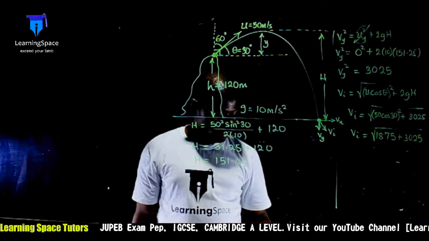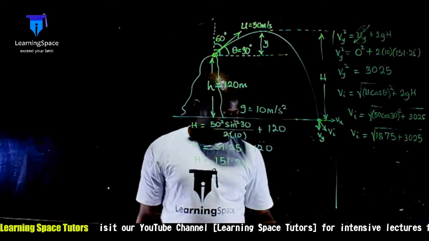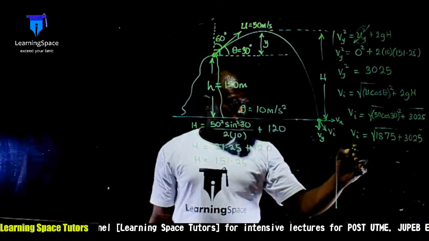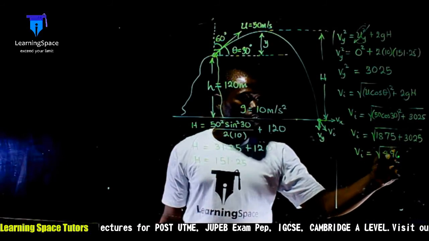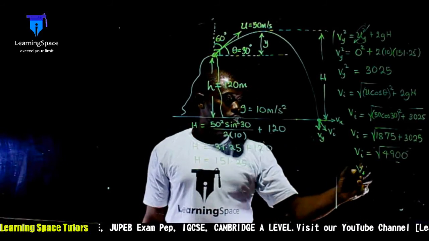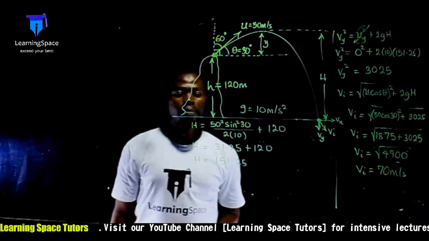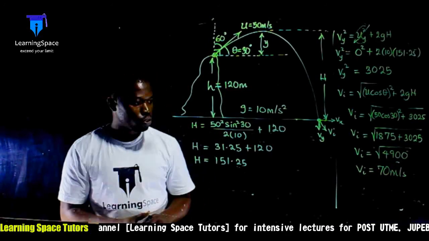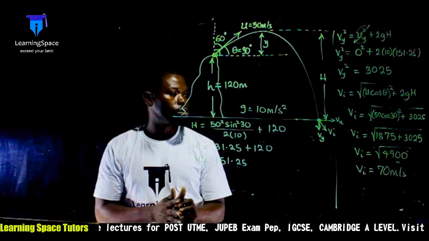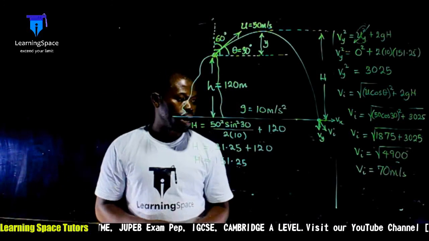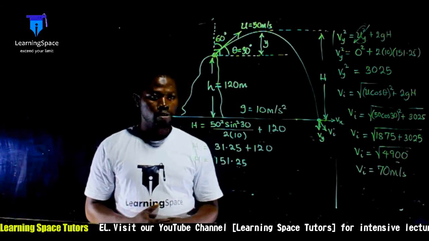Evaluating this, we are going to have 4900. The square root of 4900 makes the velocity at impact 70 meters per second. So that takes care of question 1B II. We will move to the next question.